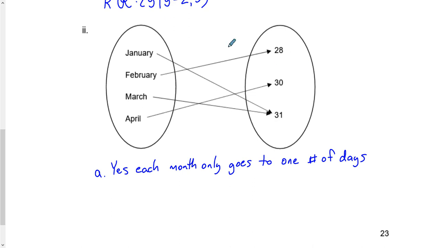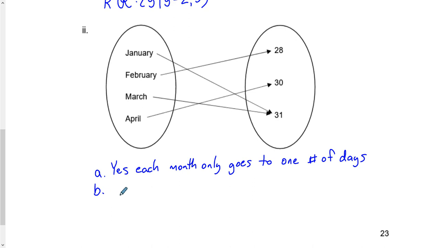In 2024, February would go to 29, and there wouldn't even be the option of the 28. So it would still be a function. Now, if we change the question and say how many days could it have, then we'd have February going to both. But that's not what this question is saying. We're just seeing exactly what it says right now. February goes to 28. Done.